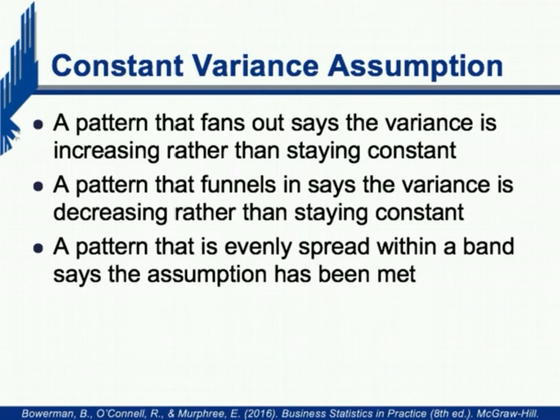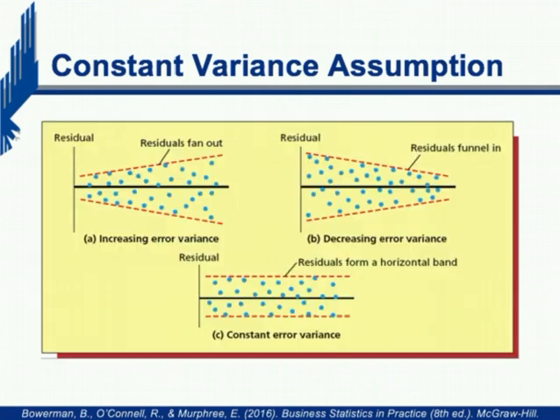for us to say that the assumption is satisfied. So here are illustrations of those cases. In this residual plot, we can see that the residuals are fanning out. As the value increases, we can see that the variation for the residuals is also increasing, and that is implied by the fanning out pattern.